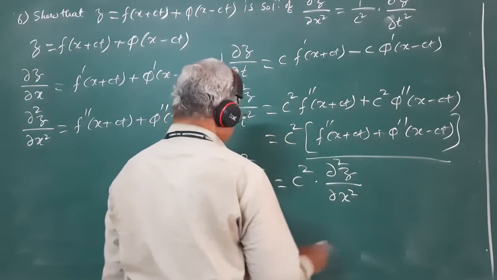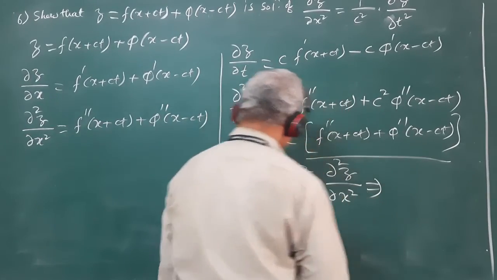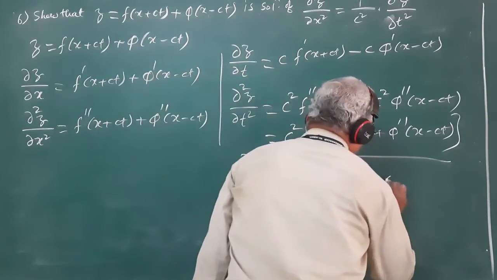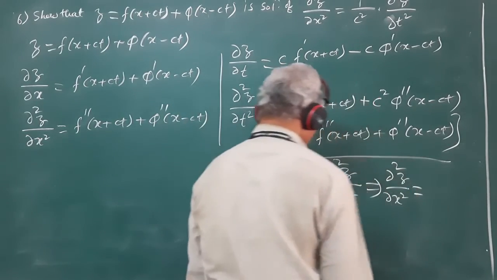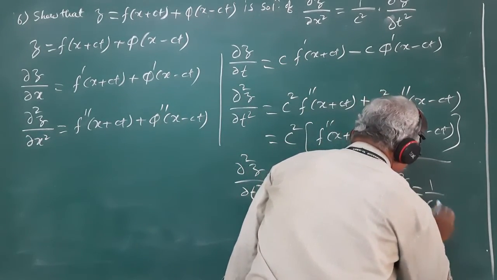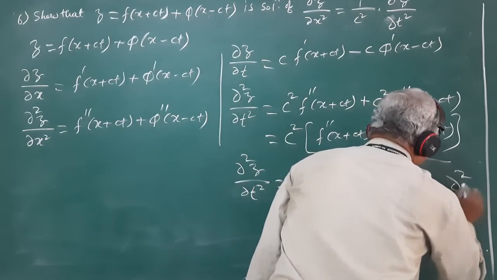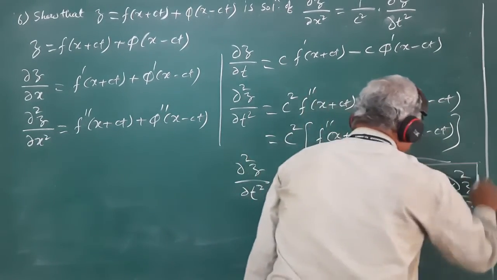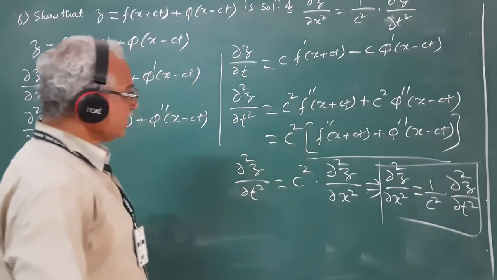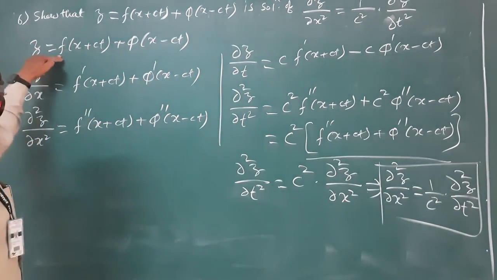Or we can express this relation as dou 2z by dou x2 to be equal to 1 upon c square dou 2z by dou t2.